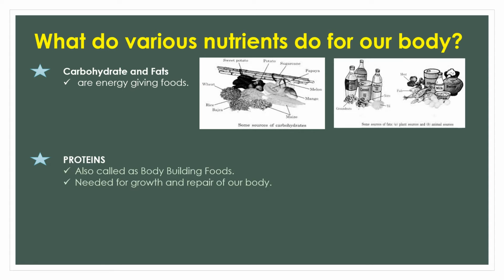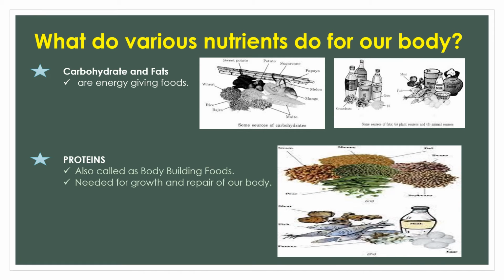Next is proteins. Proteins are also called bodybuilding food, needed for growth and repair of our body. The sources of protein are shown in the figure. They are animal sources and also plant sources.